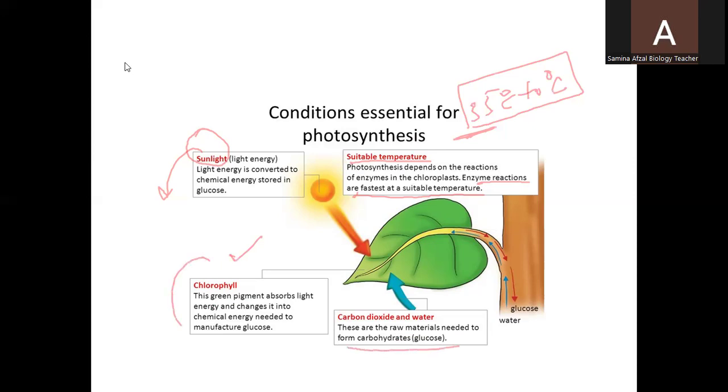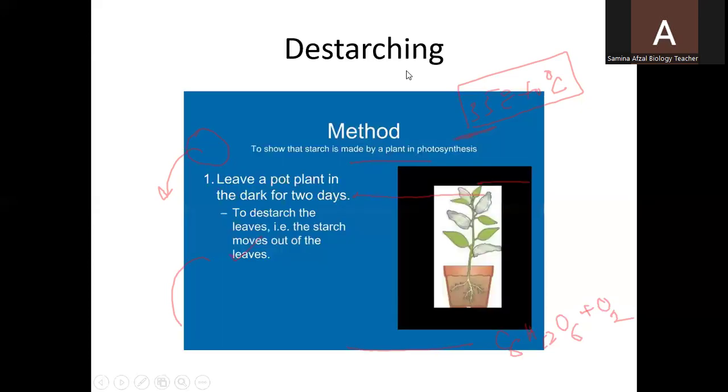Carbon dioxide and water are the main components to manufacture the carbohydrates, and oxygen. So in this way, I would like to say all these are the conditions which are necessary or essential for this process of photosynthesis.